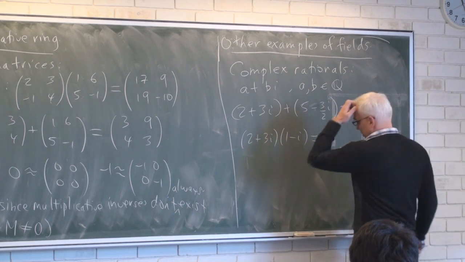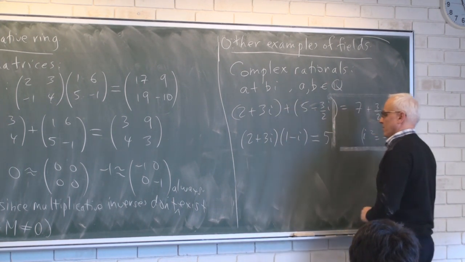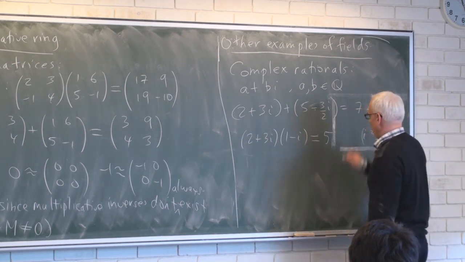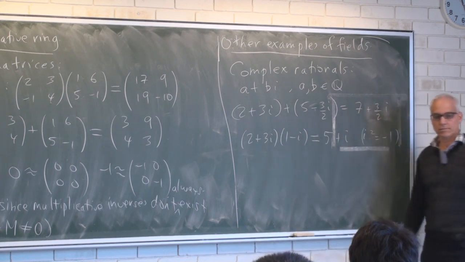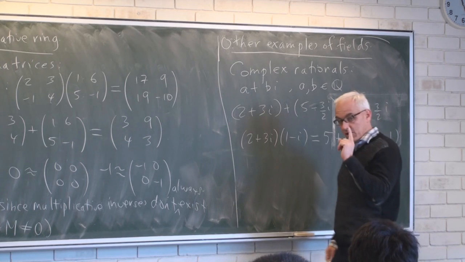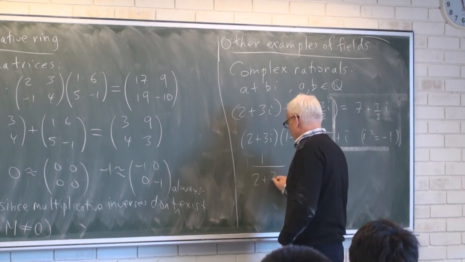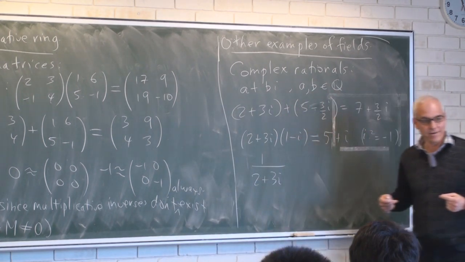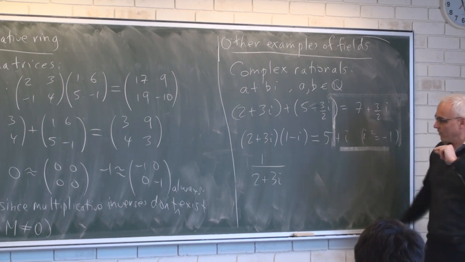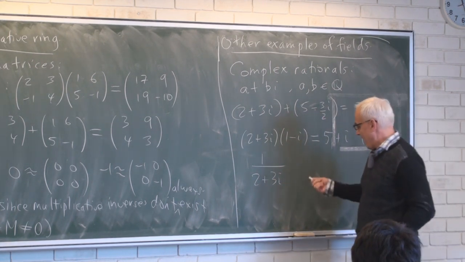So this is 2 plus 3, I guess that's 5. How many i's do we have? 3i minus 2i, so plus i. And why is it a field? It's a field because of the following reason. If we want to invert 2 plus 3i, if we want to find a multiplicative inverse, that's the crucial quantity to have a field, that every non-zero element have an inverse, then how do we find the inverse?